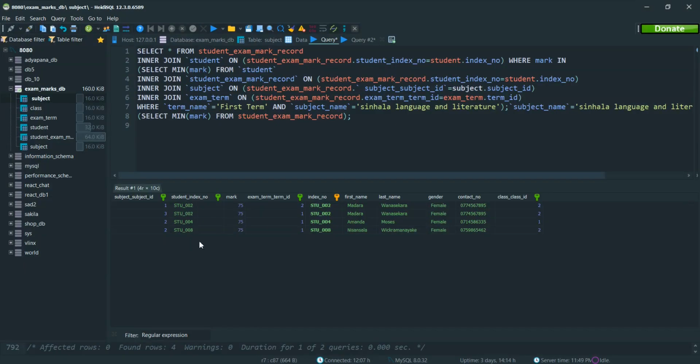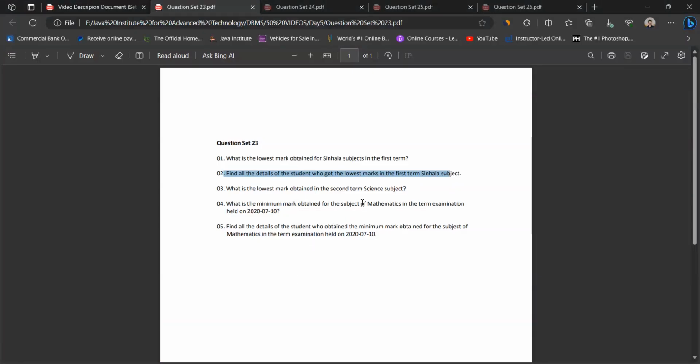So here are the details of the students who got the lowest mark in a single subject. So the next question is, what is the lowest mark obtained in the second term science subject?